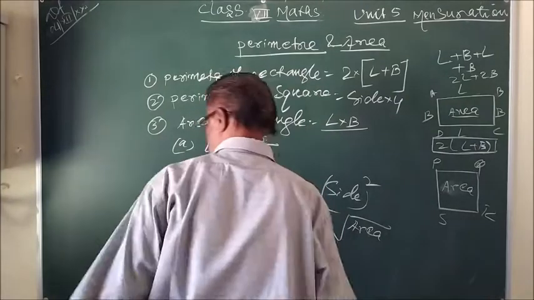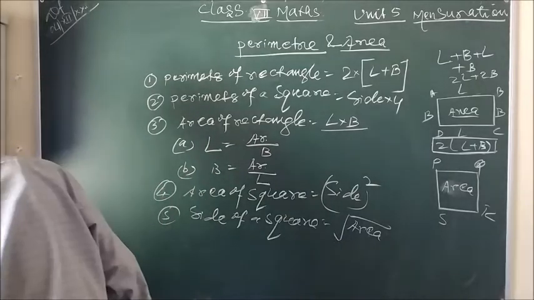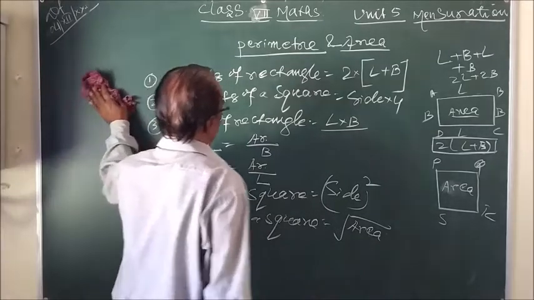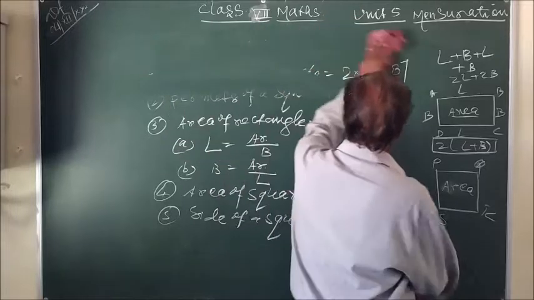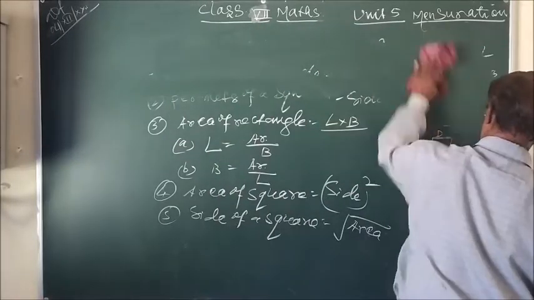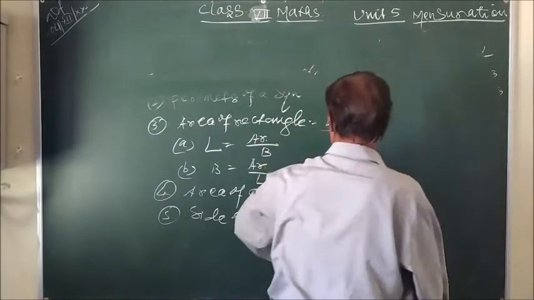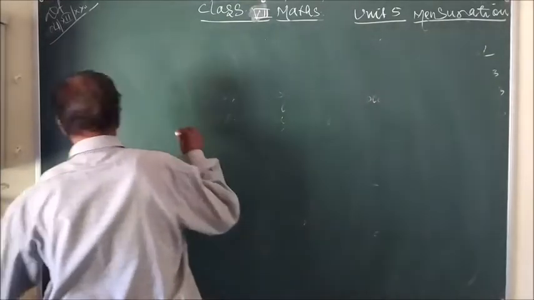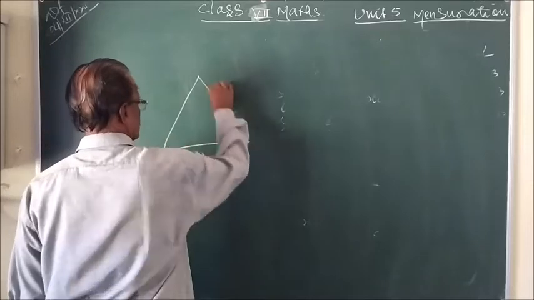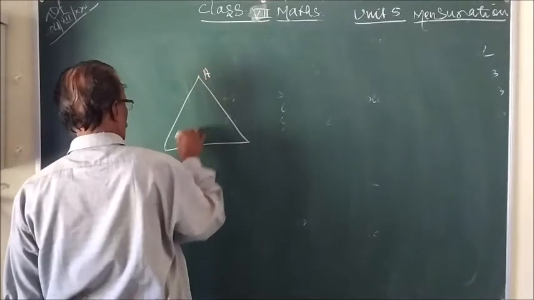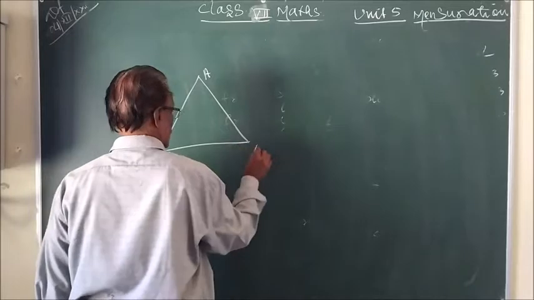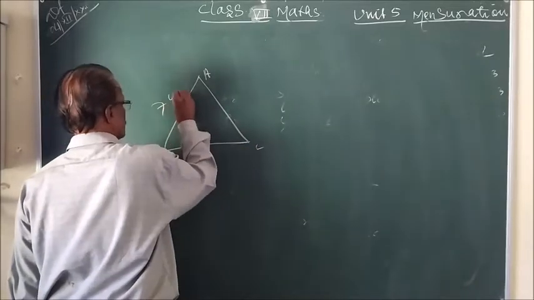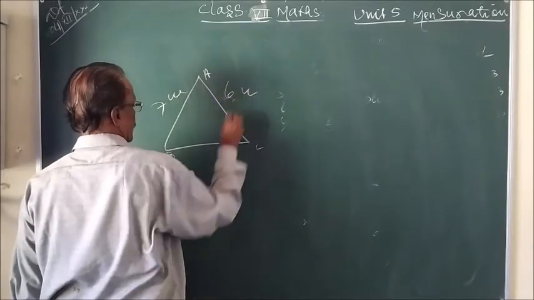So these are the formulas by which you can find the perimeter and area of any rectangular figure or a square figure. Suppose a triangle is given. Suppose this is triangle ABC. How many sides? 3 sides. And suppose the sides are given as 7, 6, and 5.